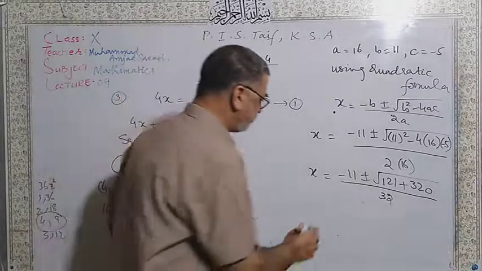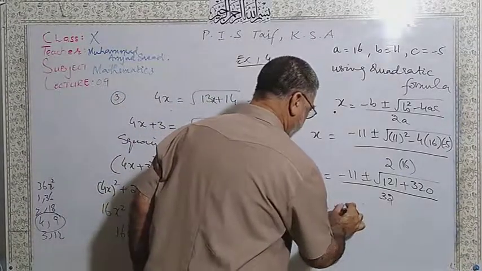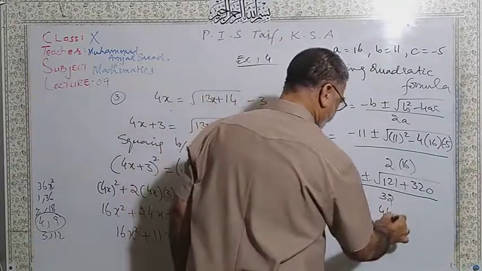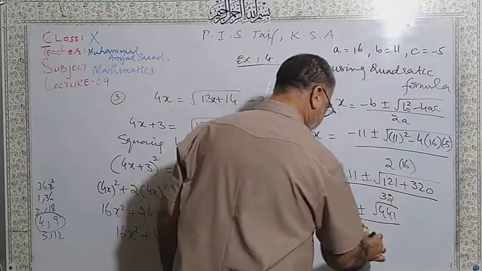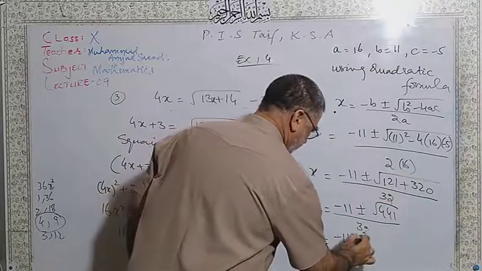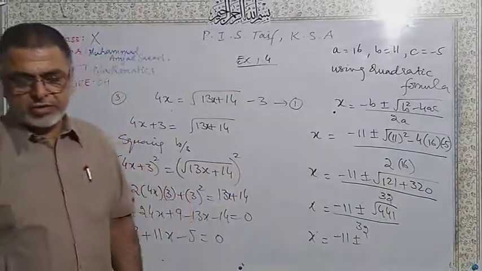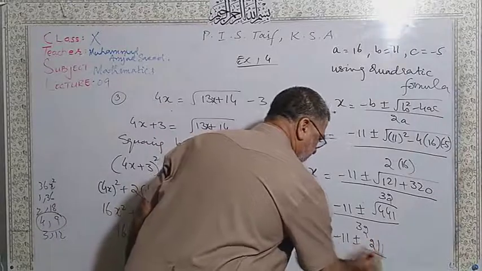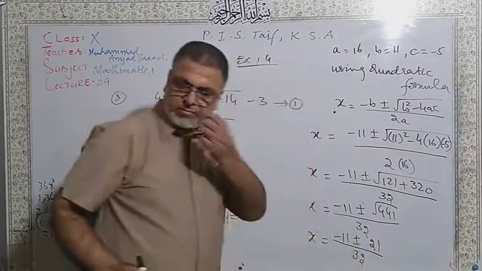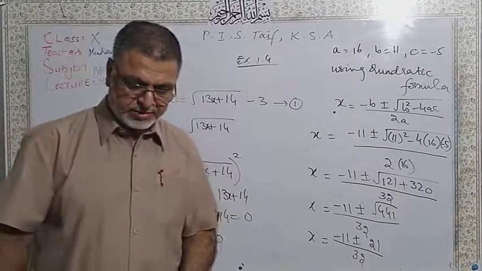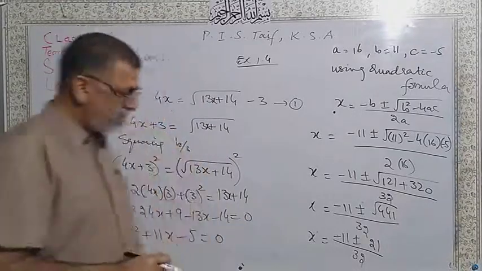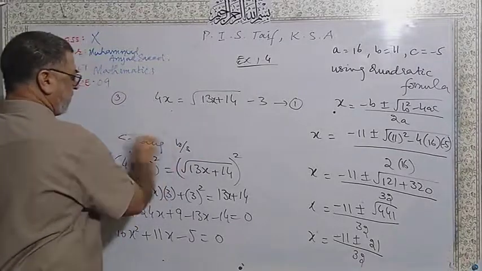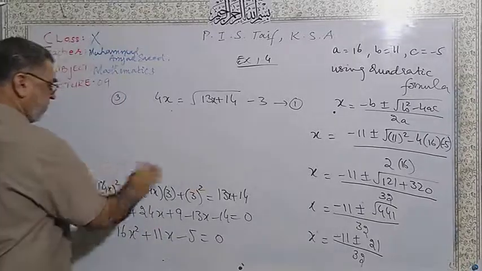Here we will have x is equal to minus 11 plus minus the square root of 441 over 32, and the square root of 441 is 21, so x is equal to minus 11 plus minus 21 over 32. Once negative, once positive value of x.